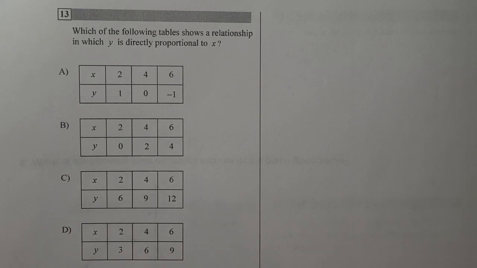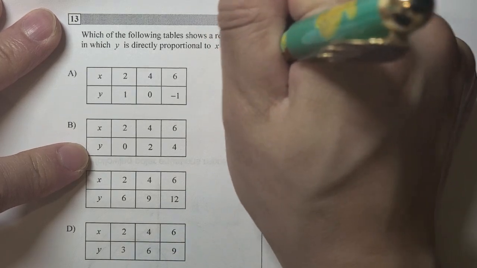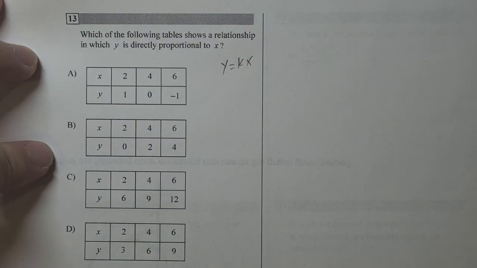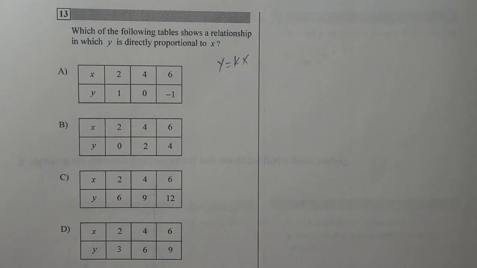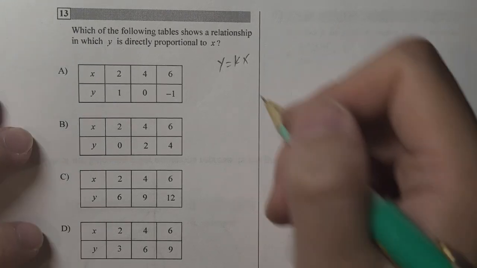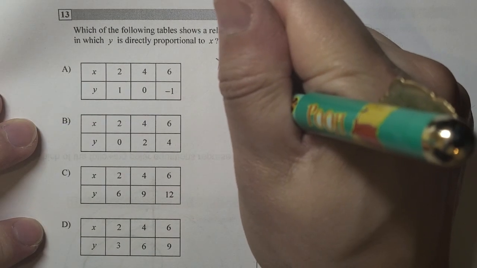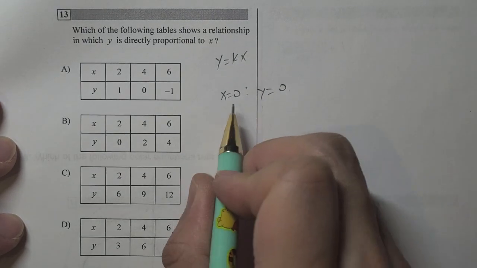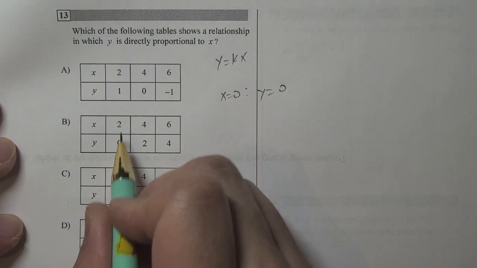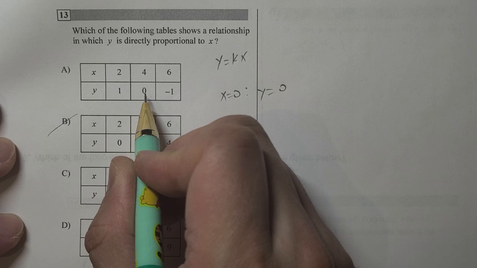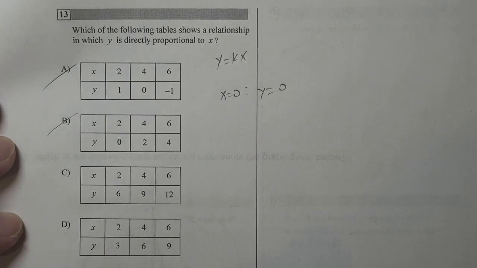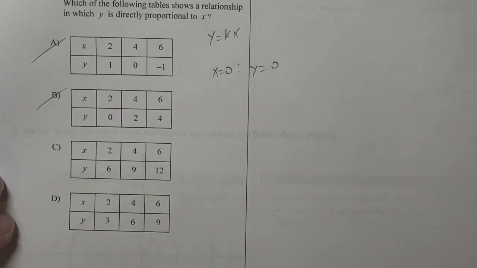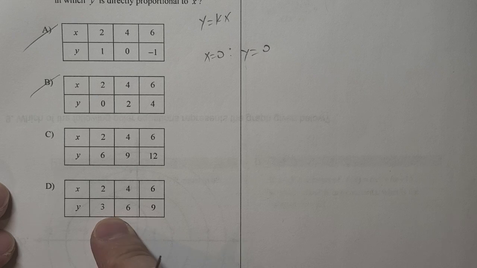When y is directly proportional to x, y is equal to kx is what I immediately think. So that means when x is 0, y is equal to 0 as well. It has to be like this. So when y is 0, x has to be 0, nope. When y is 0, x has to be 0, nope. Cross those out.